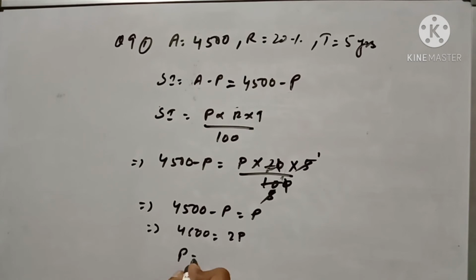So P equal to 4500 by 2, divided, 2250 rupees. Therefore P will be rupees 2250. This is our required answer. Write down please.